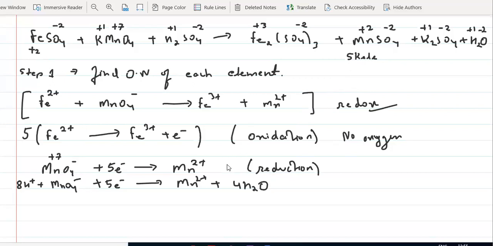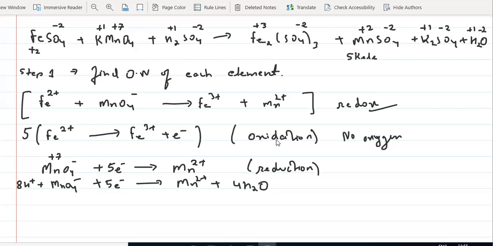So we will add 4 H2O. But we will get extra 8 hydrogens, so I will add 8H plus on the reactant side because it's an acidic medium, so I can add H plus.